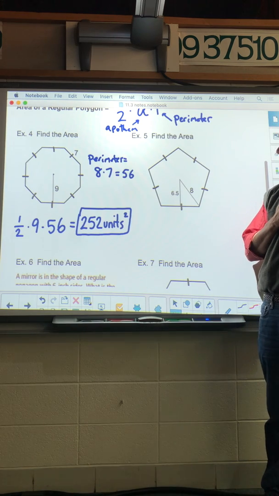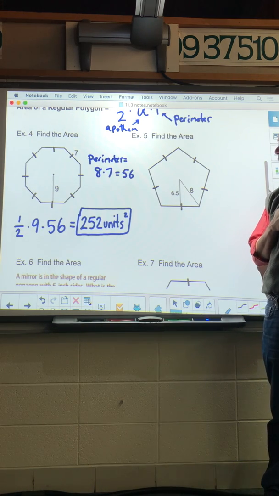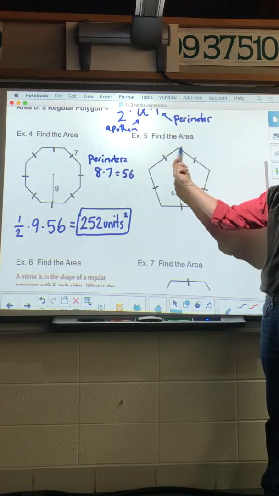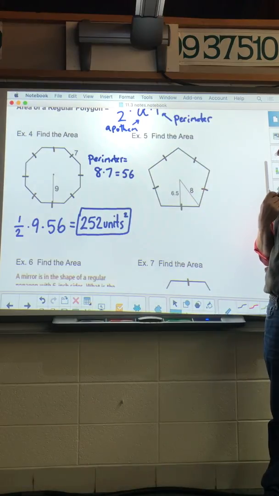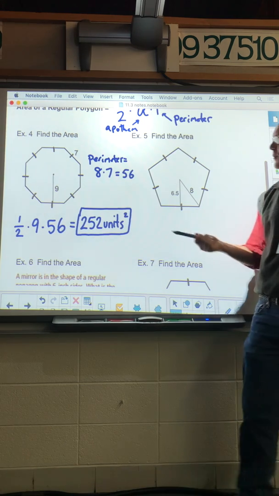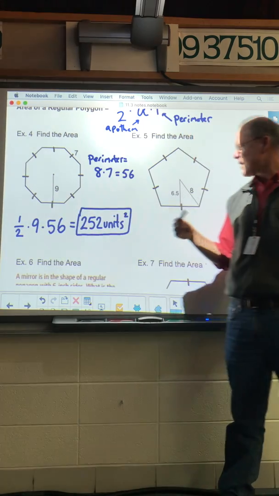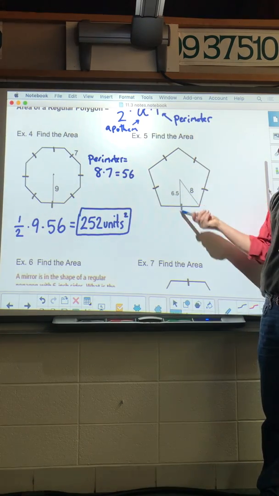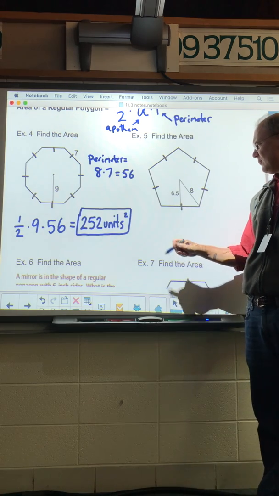Okay, now it'll get a little more difficult. Here we have a regular pentagon, right? So again, it's going to be the same formula, 1/2 apothem times perimeter. And we do know the apothem, 6.5.